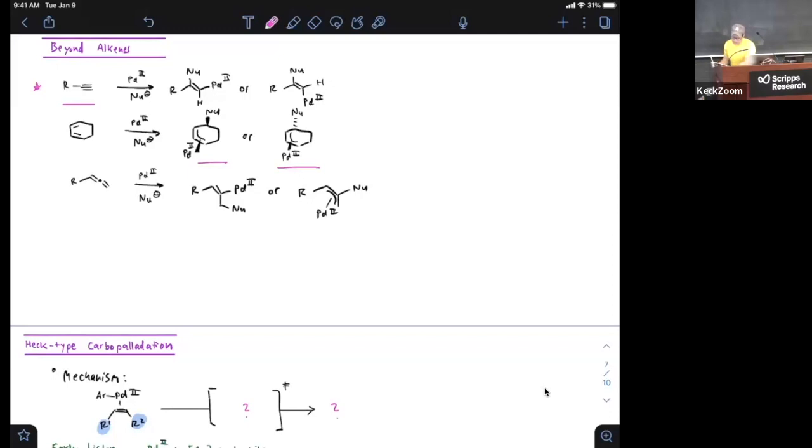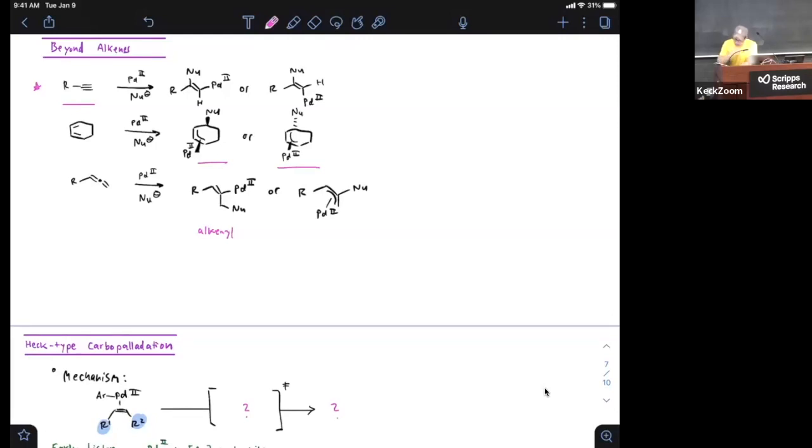Allenes offer an interesting hybrid sort of reactivity between the two modes I just introduced, depending on which regiochemical orientation the nucleophile adds into the pi system. If the nucleophile adds to the allene terminus, then you would generate an alkenyl palladium species, and that would react analogous to the alkyne case.